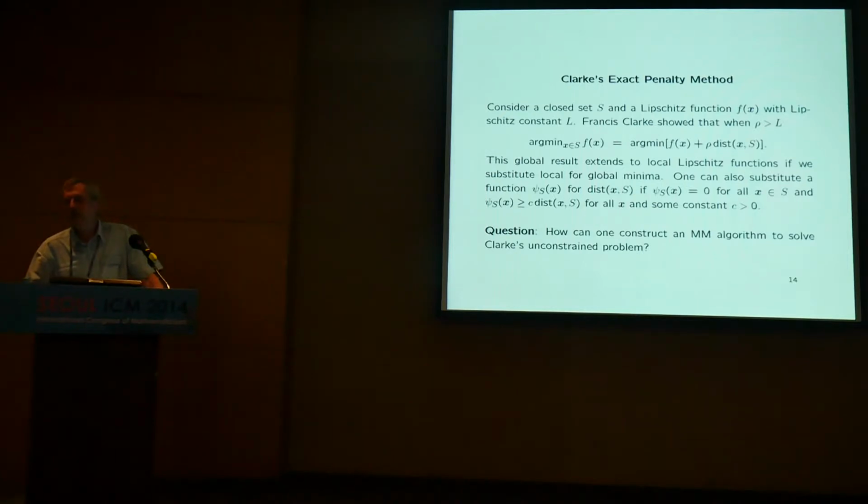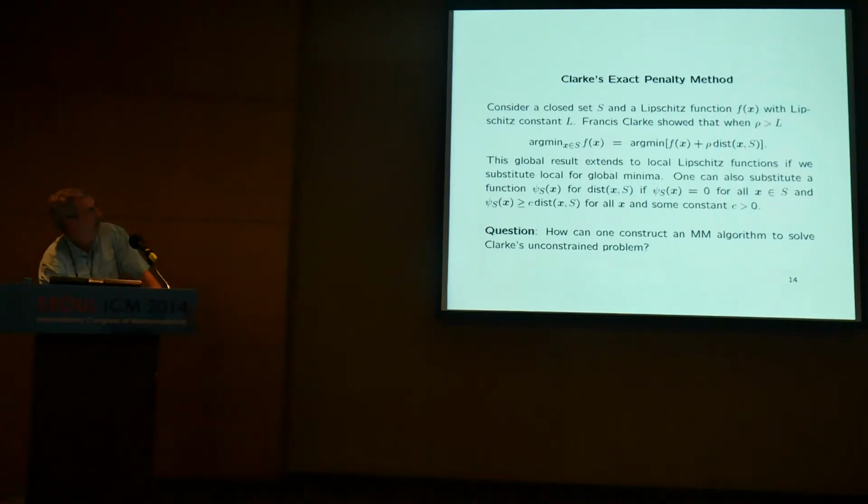And here was Francis Clarke's exact penalty method. So Francis Clarke showed that you can convert a constrained optimization problem into an unconstrained optimization problem. You replace the objective function f by f plus a constant times the distance from x to the constraint set.